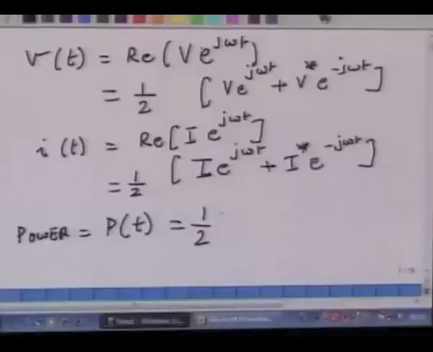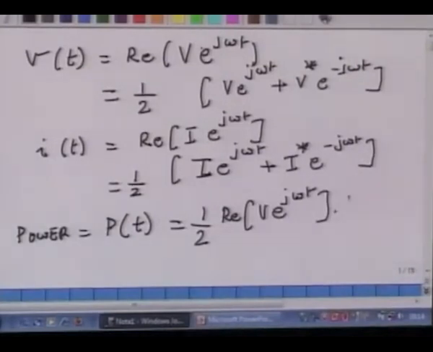If I have to do average power, I cannot multiply voltage and current, but when I am talking about instantaneous power, it is a valid thing to multiply them. So you have real of V e^(j omega t) times half of real of I e^(j omega t).